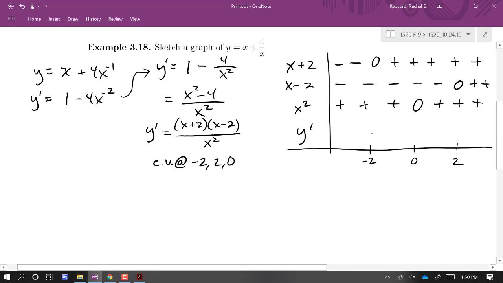At -2 and 2, the derivative is 0. At 0, the derivative isn't 0. When we focus first on polynomials, it can become almost automatic that if I grab a 0, that just makes it a 0. In fact, it's undefined. Usually I indicate that by putting an open box, because the function doesn't exist there. And then fill in what signs go in here.